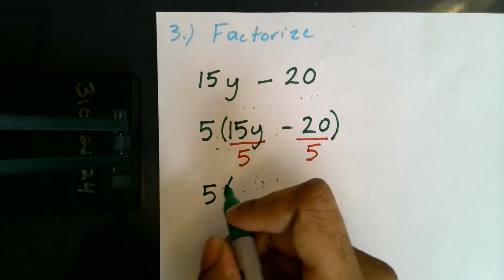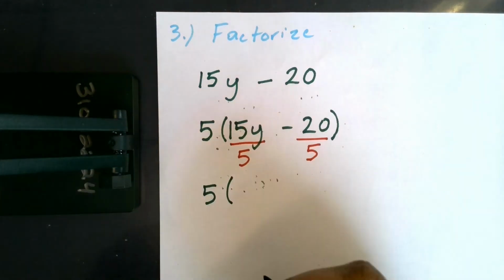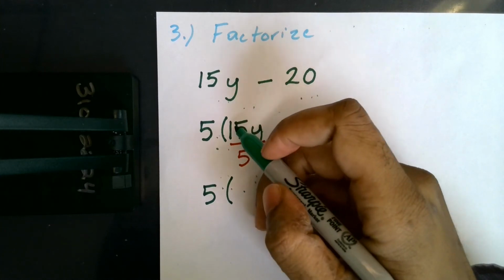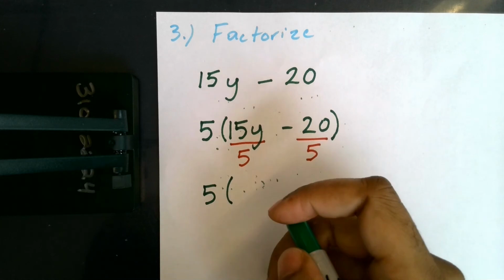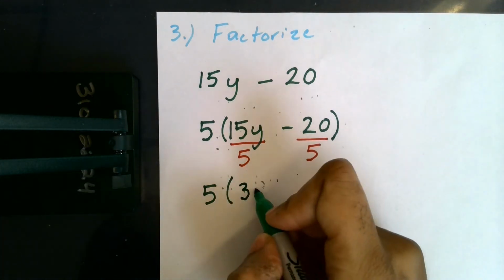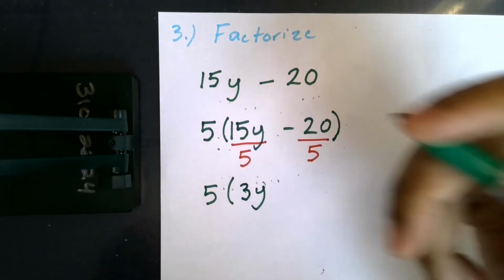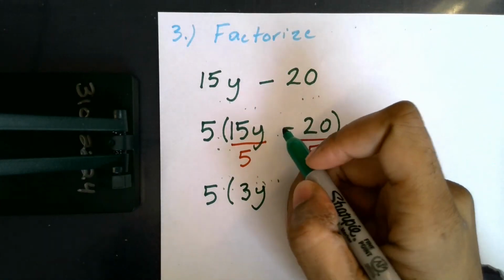Our 5 comes from here. And then we say 15 divided by 5. That is 3. And we write our y. Our y comes from right here. And we are subtracting in this case.